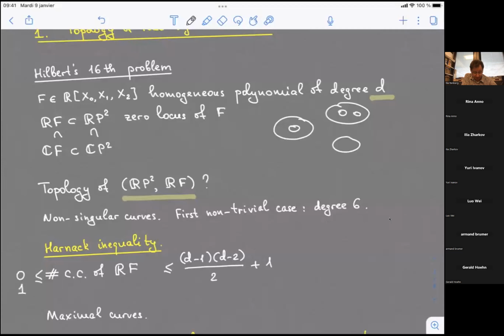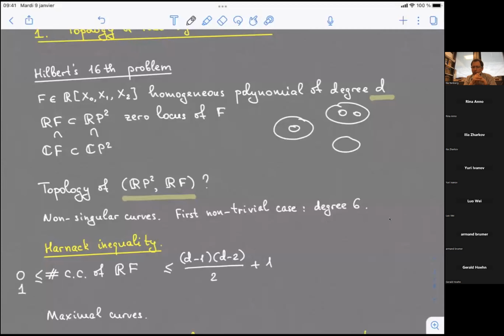And since you have a sharp lower bound and a sharp upper bound, in fact, you have a complete topological classification, because since you know that this minimal value and maximal value are realizable, all the intermediate values are also realizable.